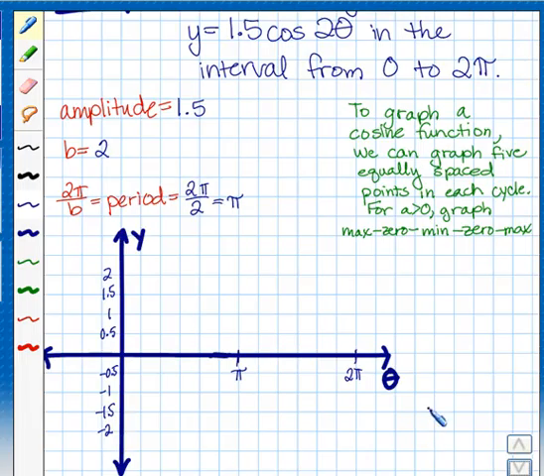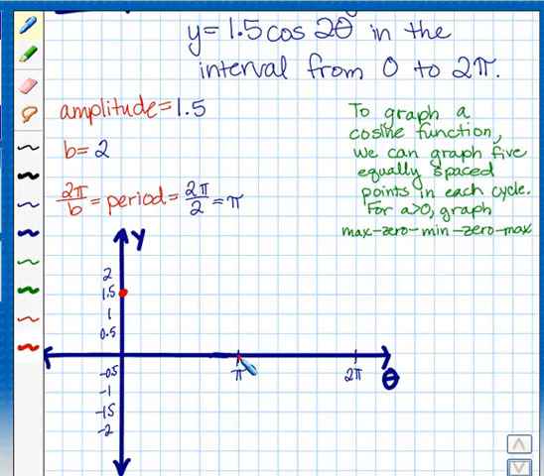Okay? So our first point, when theta is 0, is our maximum, which is just 1.5. So I can draw a point at 0, 1.5. Now we want to divide our period into 4 equal parts and graph the 0, min, 0, max pattern.